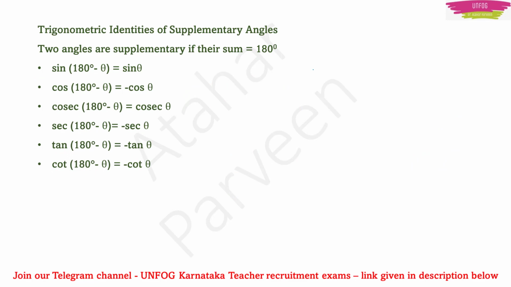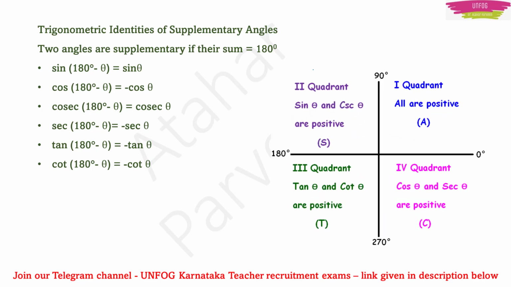Similarly, we have supplementary angles. For complementary angles we said the sum of the angles should be 90 degrees; like that, here the sum of the angles is equal to 180 degrees. So here also you can derive things like that only. If you want to find sin theta and we are talking about 180 degrees, this is your 180 degrees, correct? If there is one angle like this, and this is your theta in the right-angled triangle, then what will be the rest of the angle?